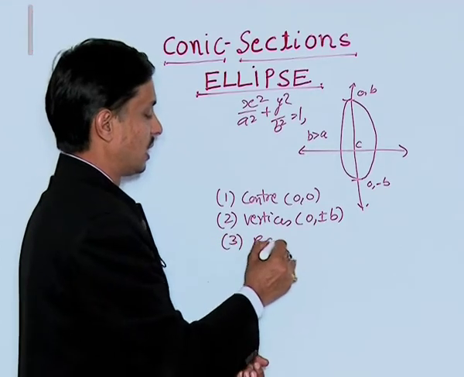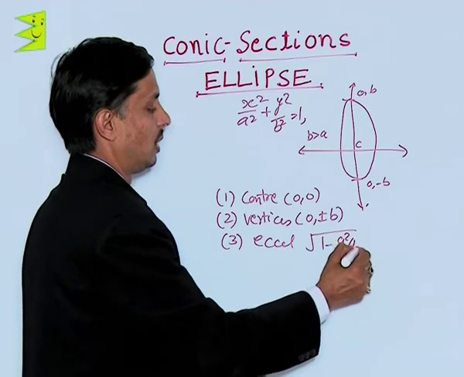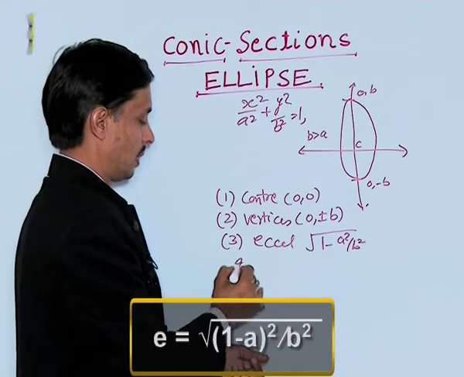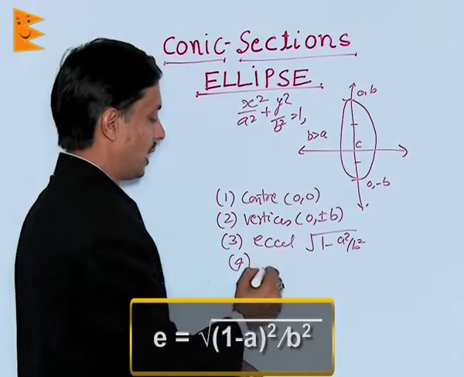Then what is the eccentricity? It is root of 1 minus a square upon b square. After getting the eccentricity, what are the foci?